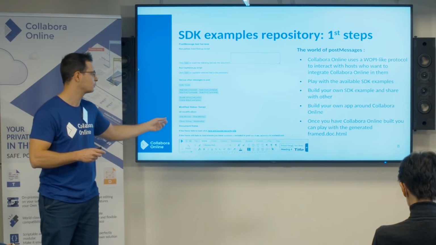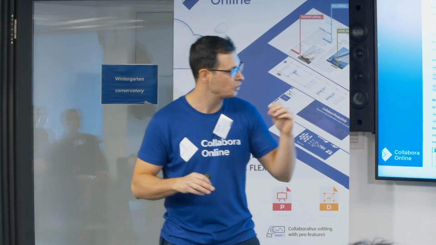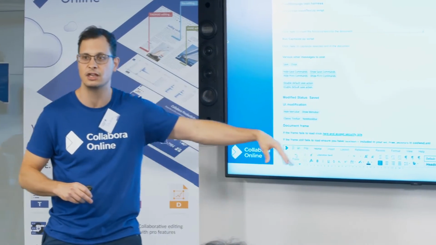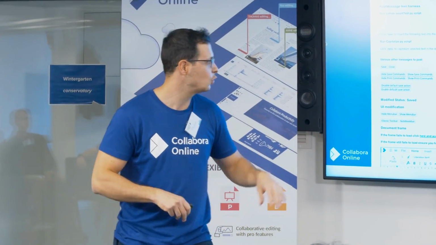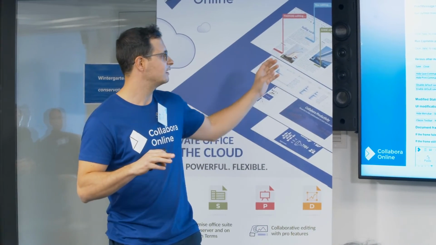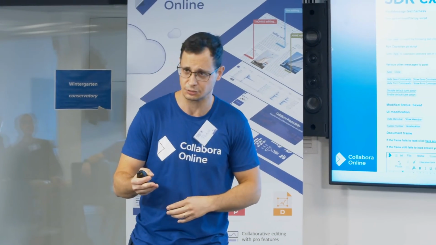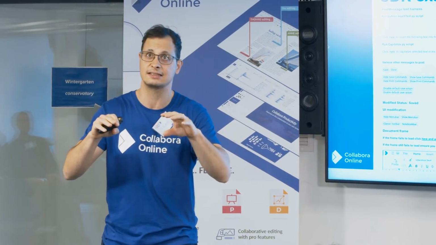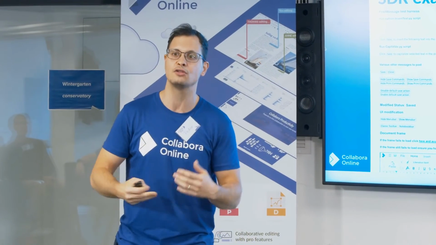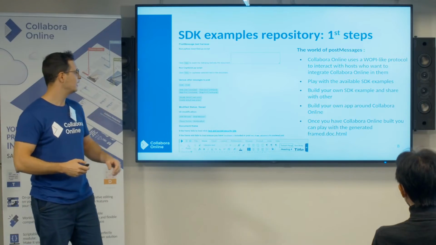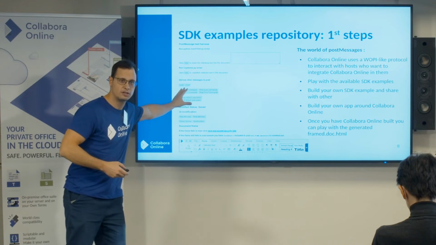Also, a cool thing to know is that when you run Collabora Online, you can very easily access frame.doc.html, and you can start to play with the cool things that you can send to Collabora Online via postMessage. Then you can see more visually how these messages work and how to change Collabora Online within your integration.